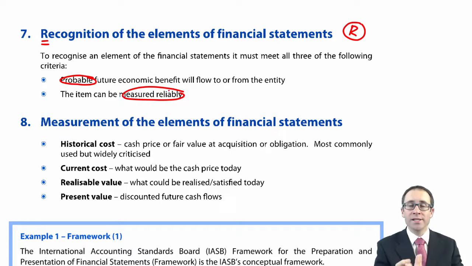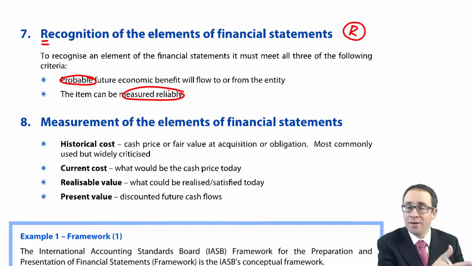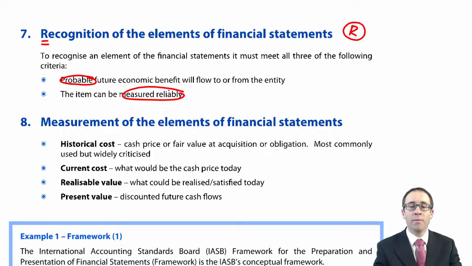So there are some intangibles that we will see, such as brand names, that we cannot measure reliably and therefore can then not be recognized within the financial statements. It may meet the definition of an asset, but if it can't be measured reliably, we're not going to make up a number and just throw it within the financial statement. So there's two things that we need to look at there: probable future economic benefit and measure reliably. If that's the case, then it can be recognised.